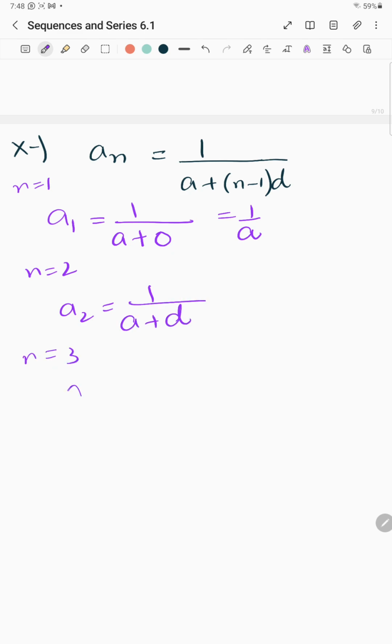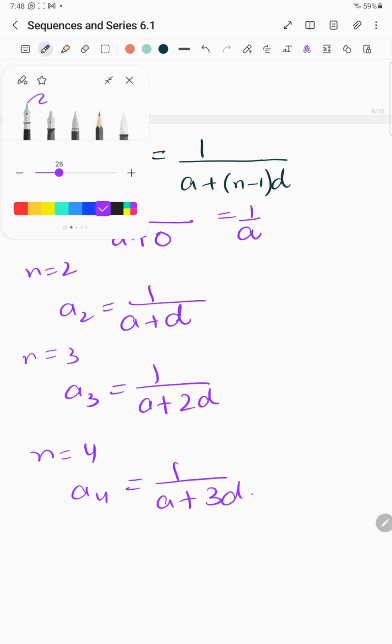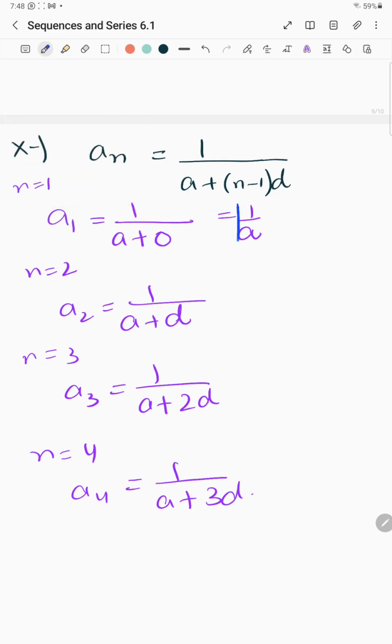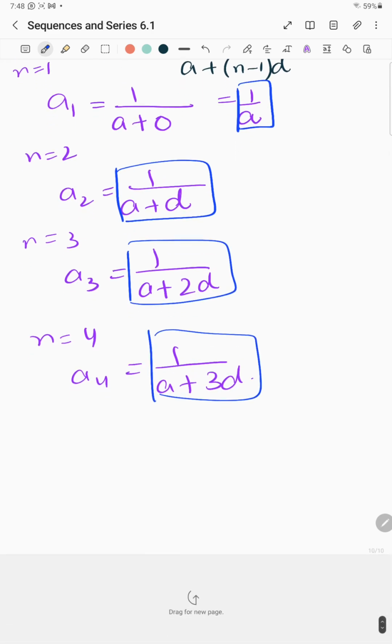N is equal to 3, a3 is 1 over a plus 3 minus 1, 2d. N is equal to 4, a4 is 1 over a plus 4 minus 1, 3d. So the sequence we have generated is 1 over a, 1 over a plus d, 1 over a plus 2d, and 1 over a plus 3d.